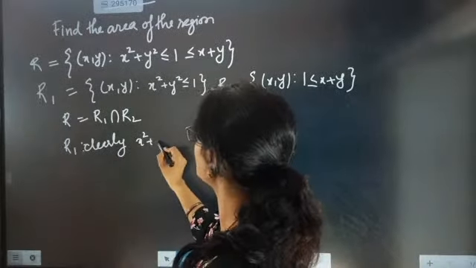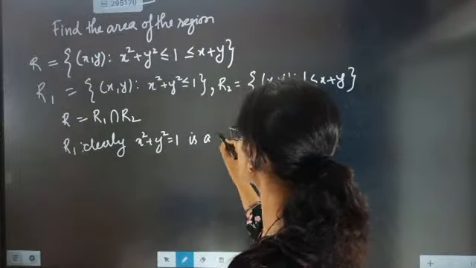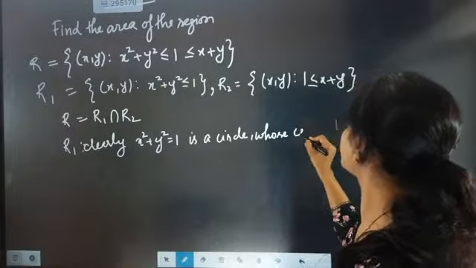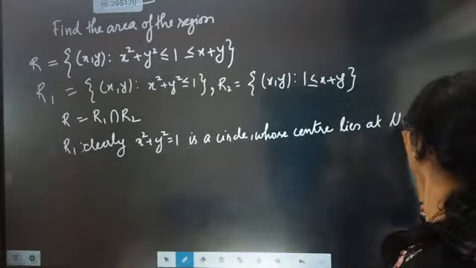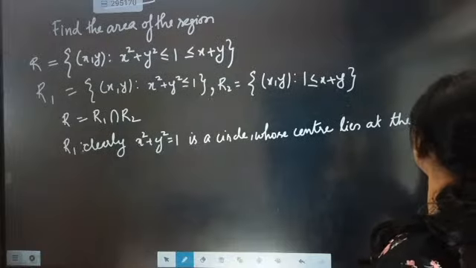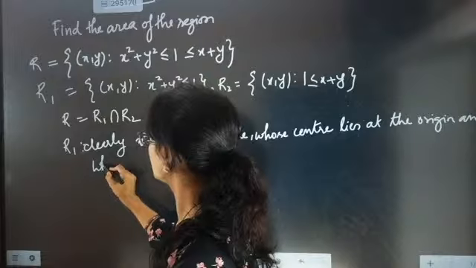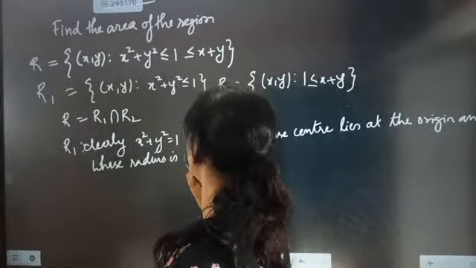So now say about it clearly: x square plus y square equal to 1 is a circle whose center lies at the origin and whose radius is 1.